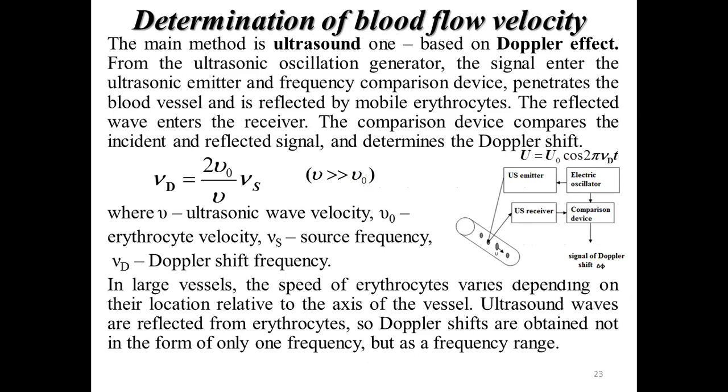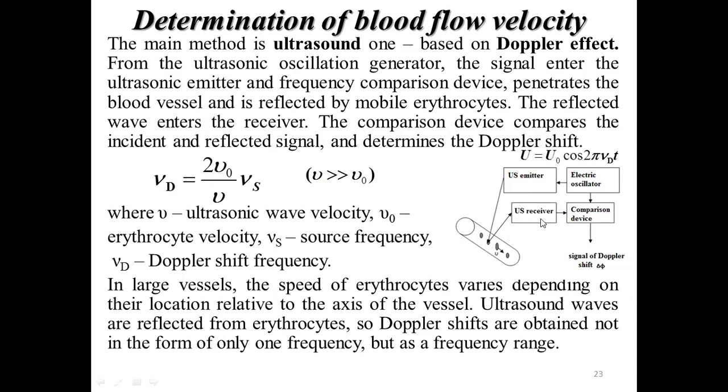For this method, from the ultrasonic oscillation generator, the signal enters the ultrasonic emitter, as you can see in this picture, and the frequency comparison device. Then it penetrates the blood vessel and is reflected by mobile erythrocytes. Then the reflected wave enters the receiver.